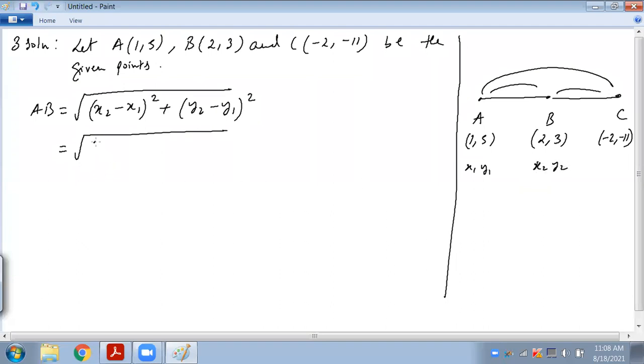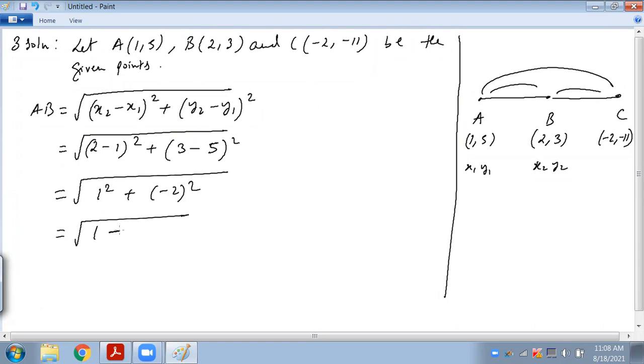So x2 is 2 minus x1 is 1 whole square plus again y2 is 3 minus y1 is 5 whole square. Okay, so solve it. 1 square is 1 plus minus square is plus 2 square is 4. So we get root 5.